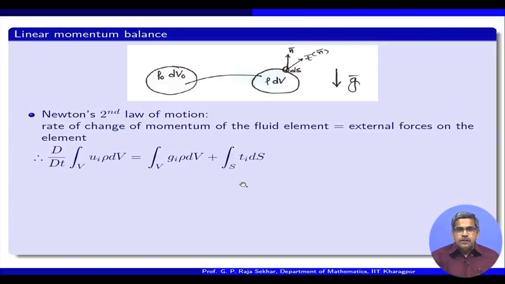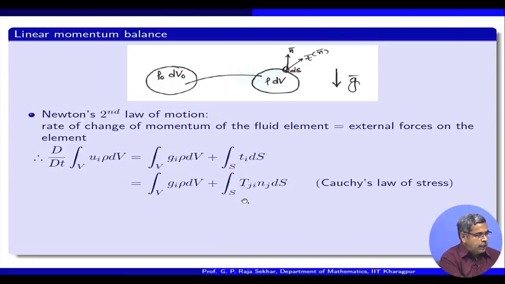So, when you are balancing, what are the total forces? You have body forces, the external forces, and then surface forces. Typically, what contributes to the surface force? The stresses contribute to the surface force. So, this is the external force due to G, and these are the surface forces, but we have Cauchy's law of stress.